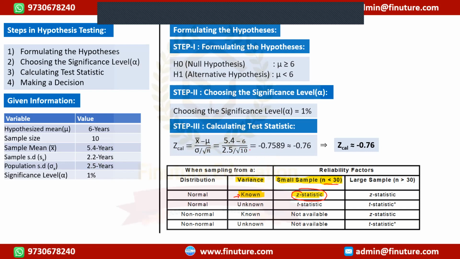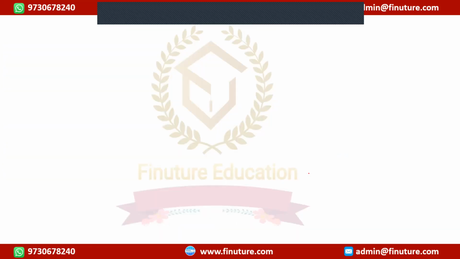If you do this calculation, you will get negative 0.7589, which is approximately equal to negative 0.76. This is an important parameter that will help us take a decision on our hypothesis testing. Let's see how we do it.